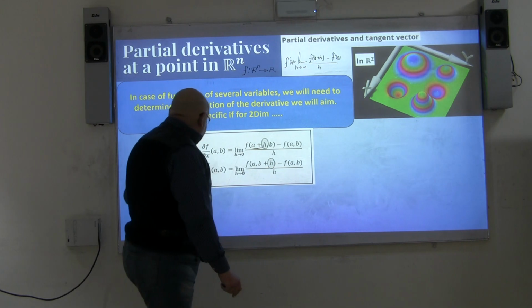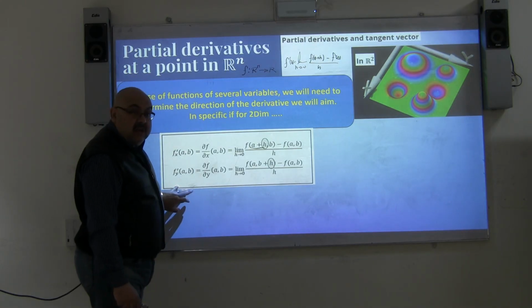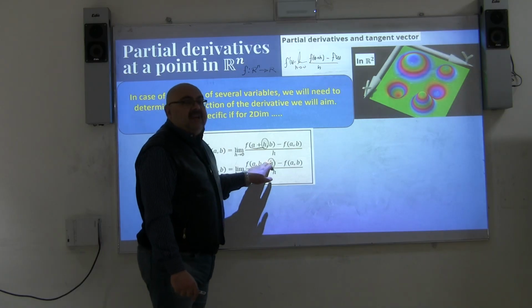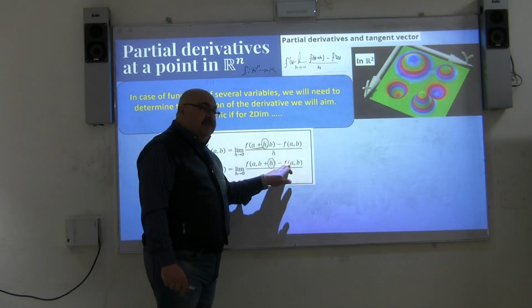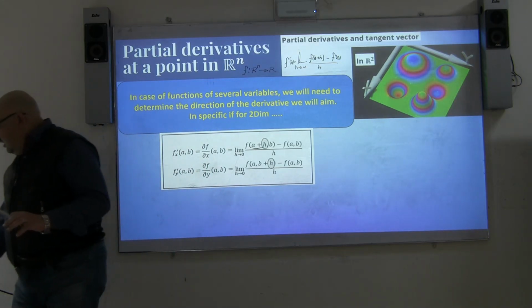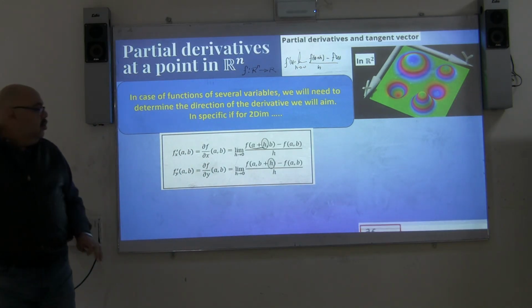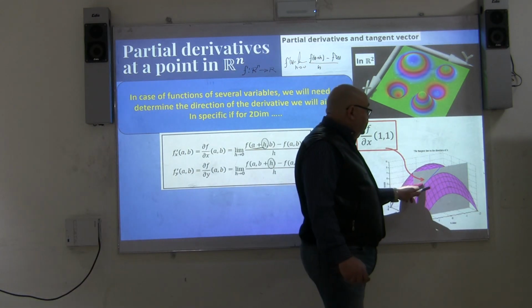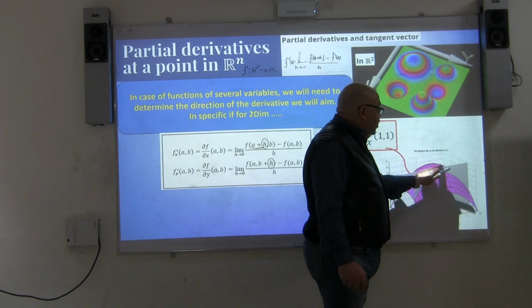If I want to get the derivative with respect to z, it's going to be f of a, b, and then c plus h, minus f of a, b, c divided by h, and so on. So it's just a generalization of the rule.